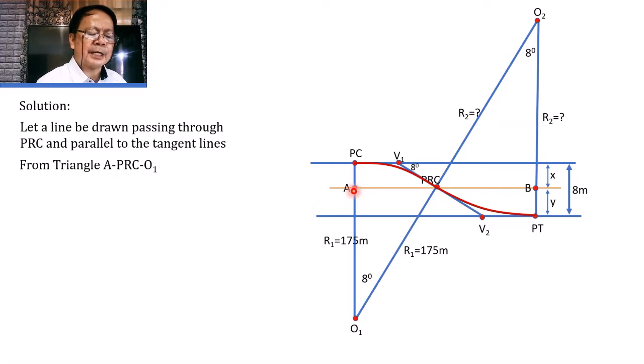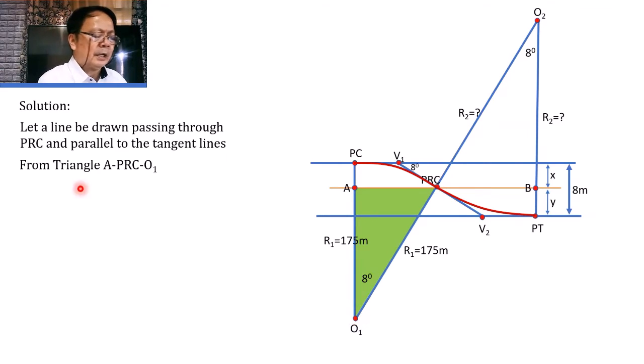Actually, we are referring to this triangle A, PRC, and O sub 1. You would notice that from this triangle, we can find the relation between A and O sub 1 and the distance of PRC to O sub 1.